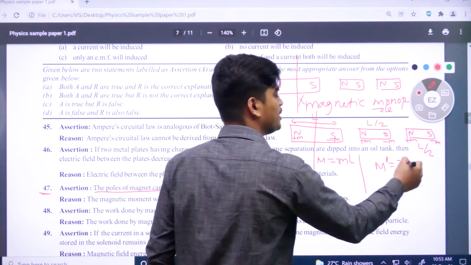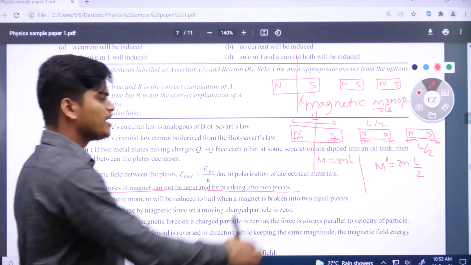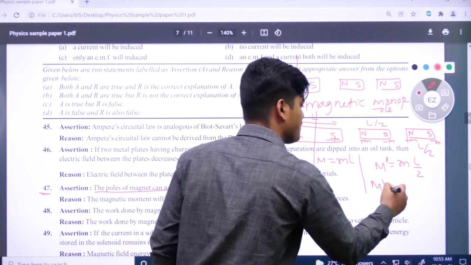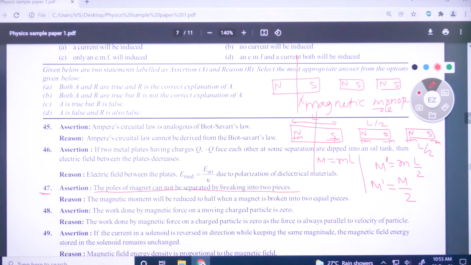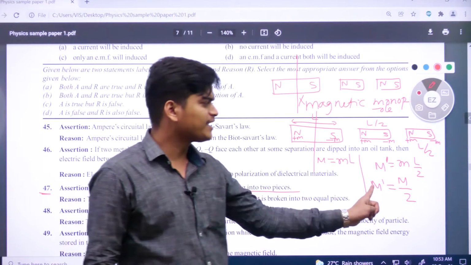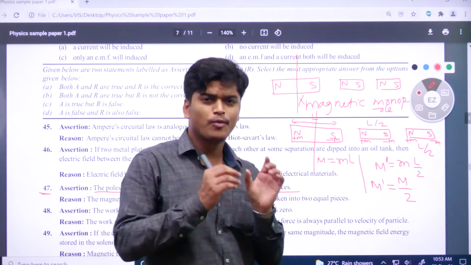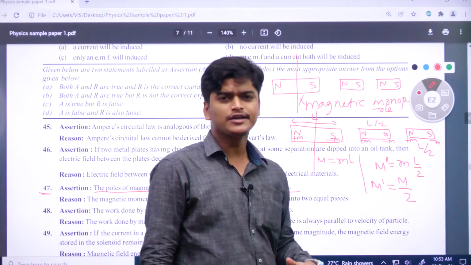Pole strength into length. The length is L by 2. Now see here, ML is nothing but capital M. Now substituting, M prime is equal to capital M by 2. So the new magnetic moment of the two small bar magnets is capital M by 2.